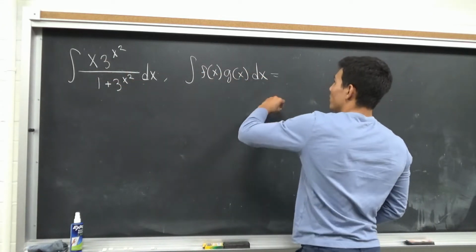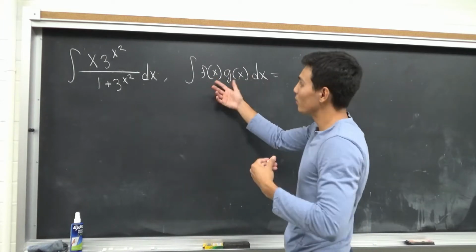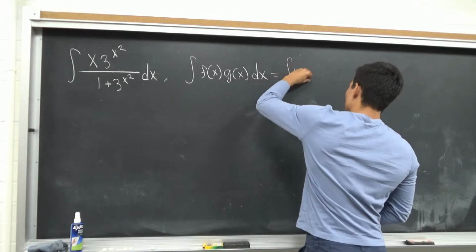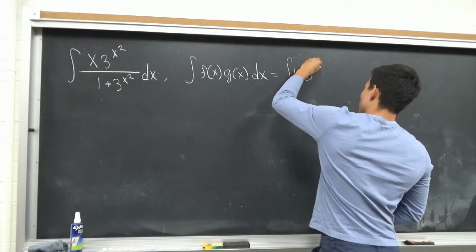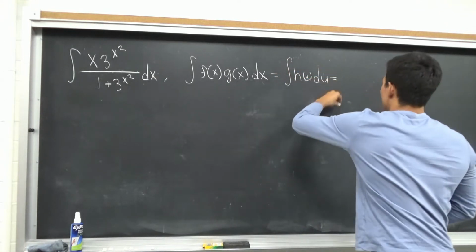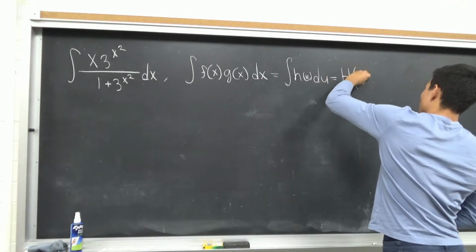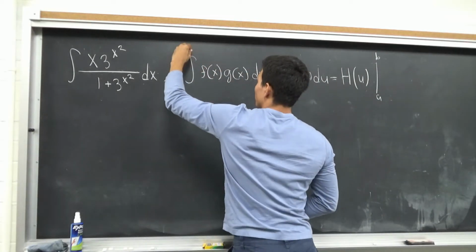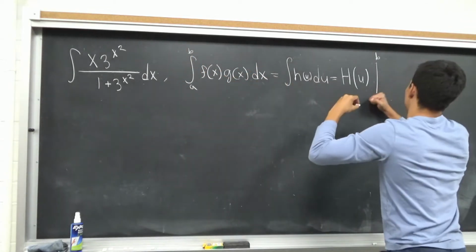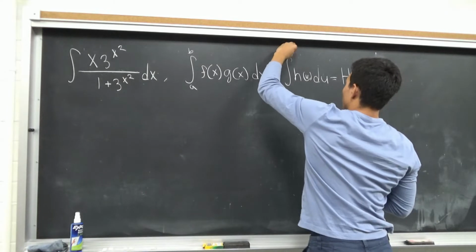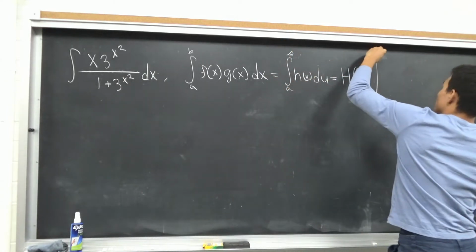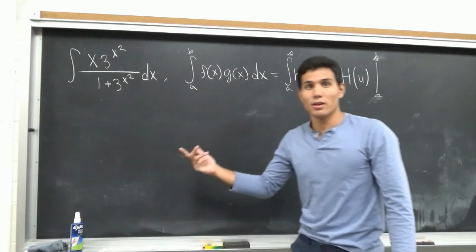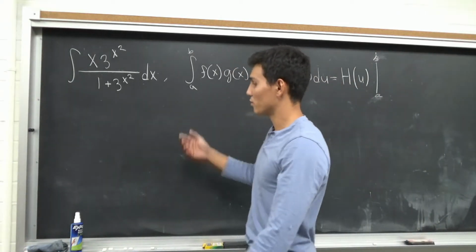And then you can see if there is some way to rewrite this, maybe as h of u du. So what I'm suggesting is that you do a coordinate change, making the substitutions.